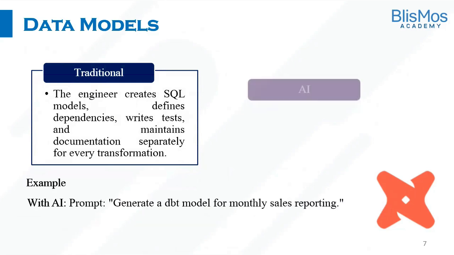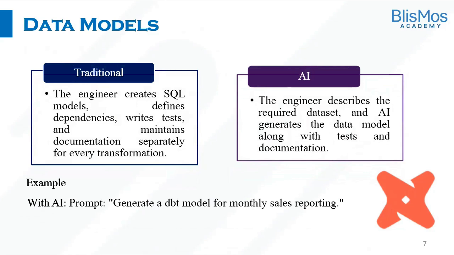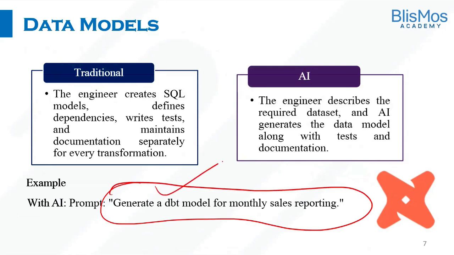By using AI, all the engineer has to do is describe the required data set and AI generates the data model. For example, in the context of DBT, we can give a prompt to generate a DBT model for monthly sales reporting. So AI will give us the code which will help us generate the monthly sales report in DBT.